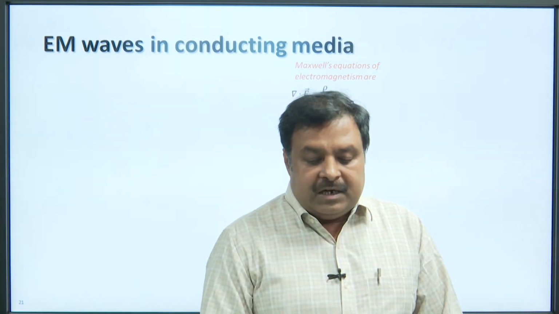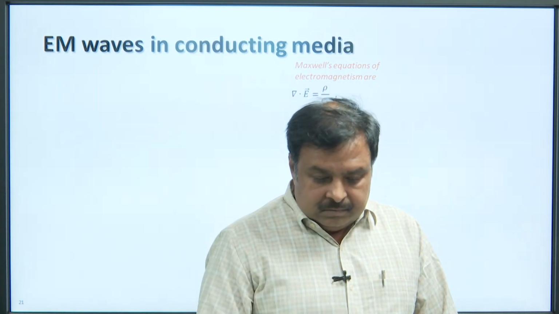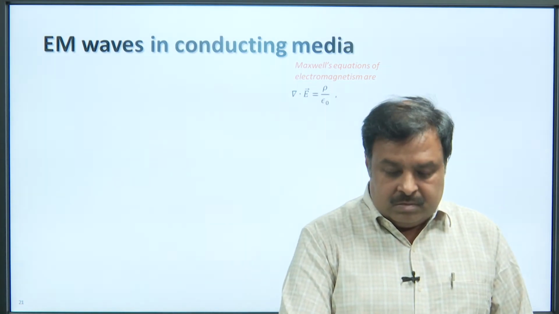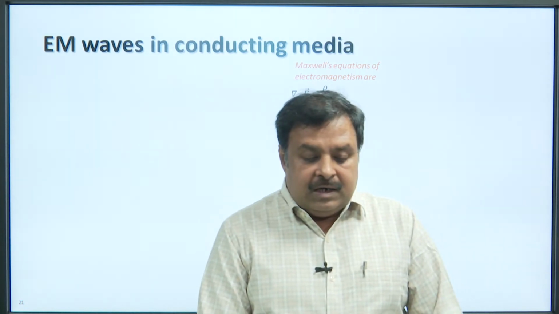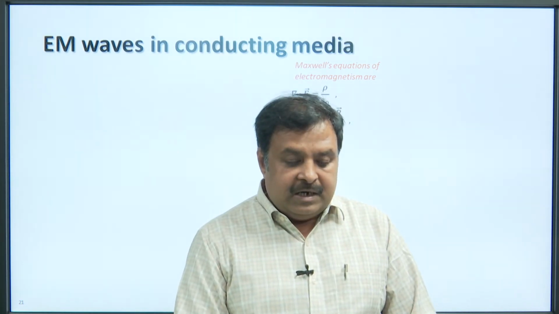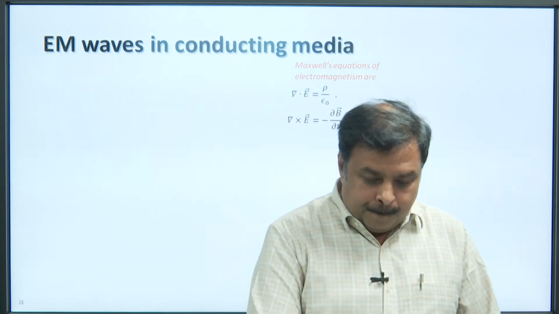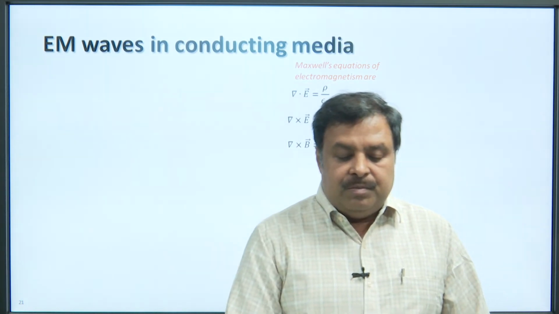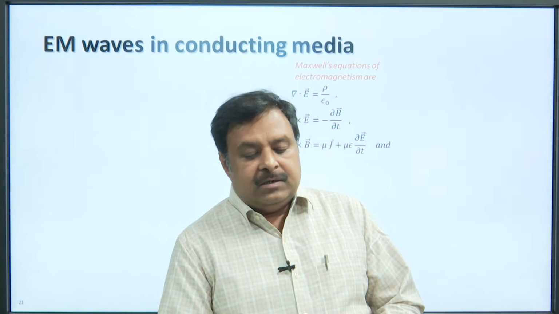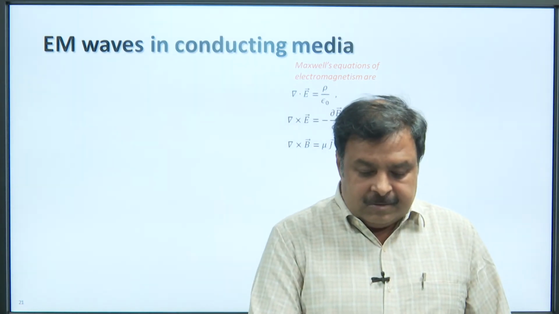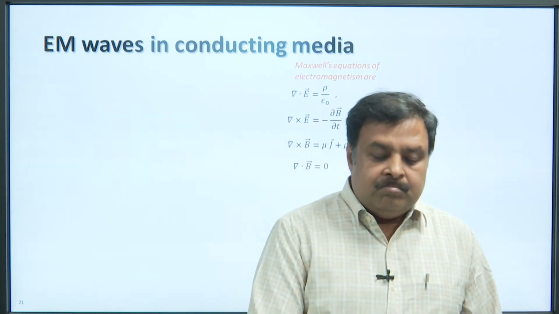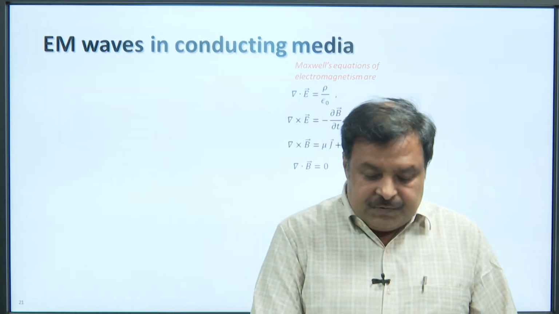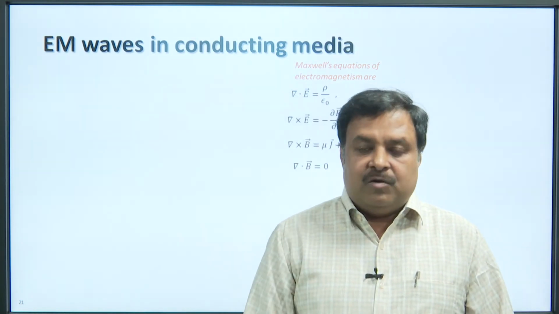Maxwell's equations of electromagnetism are: divergence E equal to rho by epsilon 0, curl E equal to minus delta B by delta t, curl B equal to mu J plus mu epsilon delta E by delta t, and divergence B equal to 0. These 4 equations are Maxwell's equations of electromagnetism.